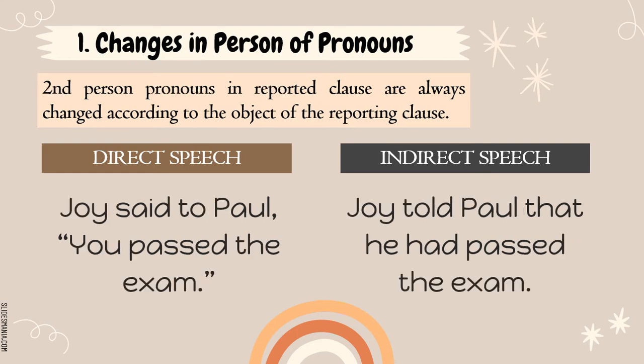Next, second person pronouns in the reported clause are always changed according to the object of the reporting clause. For example, we have the sentence, Joy said to Paul, comma, open quotation mark, "You passed the exam," period, close quotation mark. Now, take a look at the indirect speech. It goes like this.